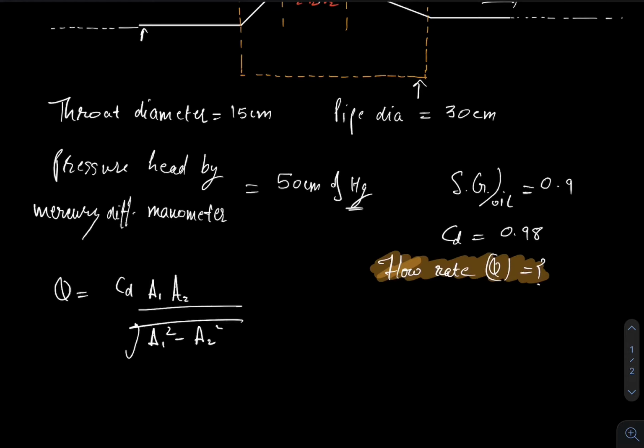Okay, so here I am directly applying the formula. If you are not getting how this formula is derived, please refer to my last class on Venturi meter. Okay, here H is capital H. Let's say this is small h, 50 centimeter of Hg. It is the h that is shown in the differential manometer. This H is different, capital H. It is the total pressure head. Fine.